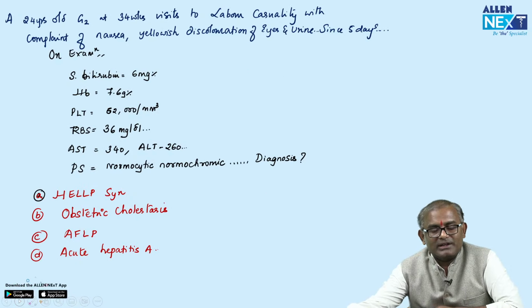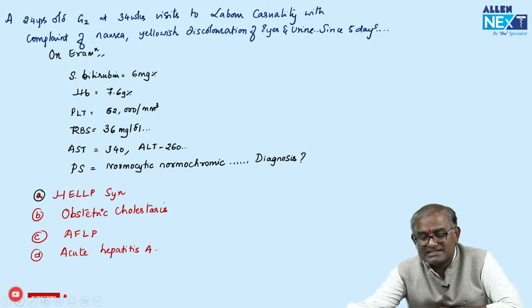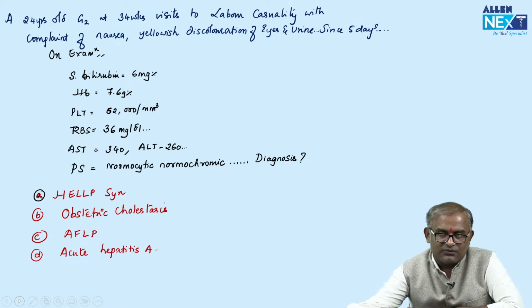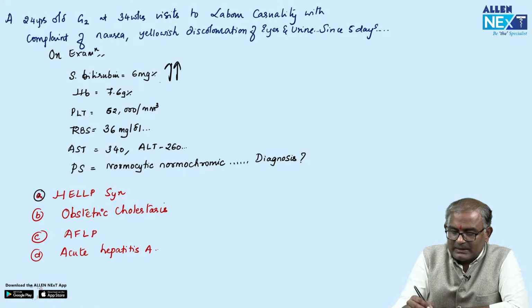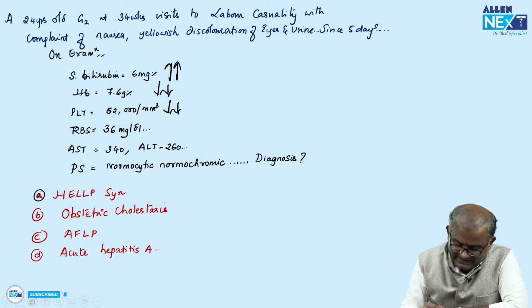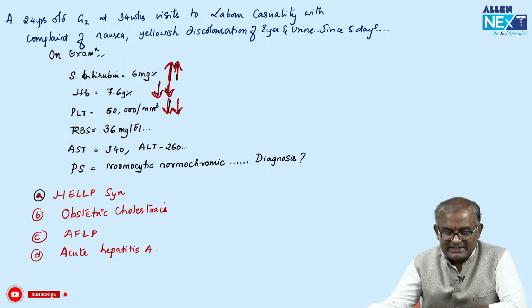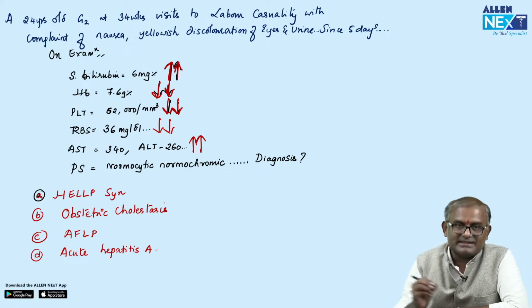A 24-year-old gravid at 34 weeks visits the labor casualty with complaint of nausea and yellowish discoloration of eyes and urine since 5 days. On examination, serum bilirubin is increased, hemoglobin is decreased, platelet count is decreased, random blood sugar is decreased, and liver enzymes are elevated.